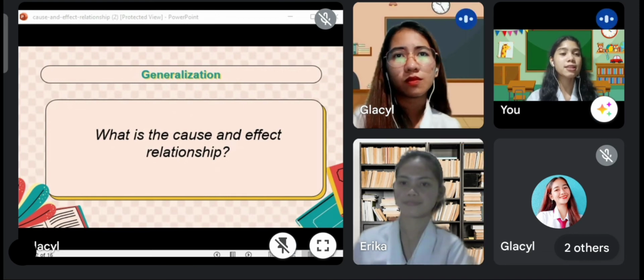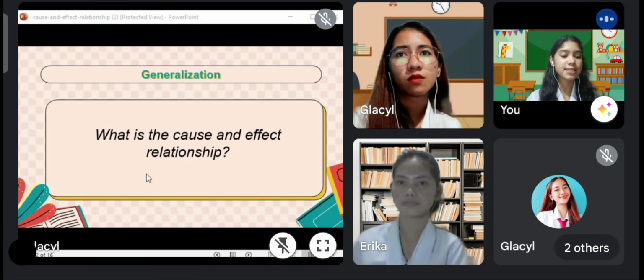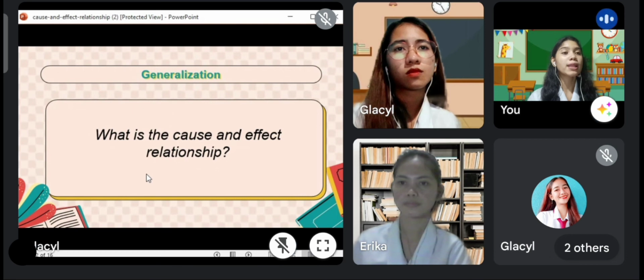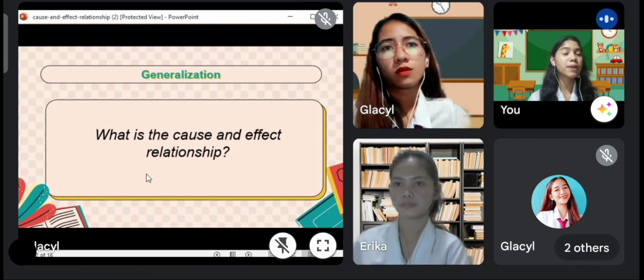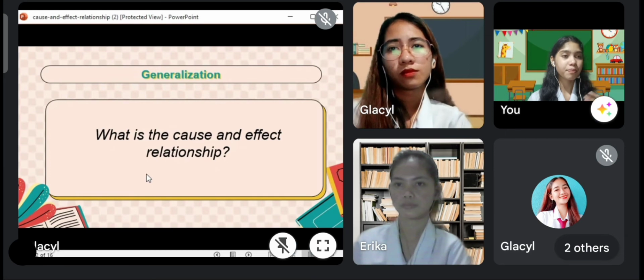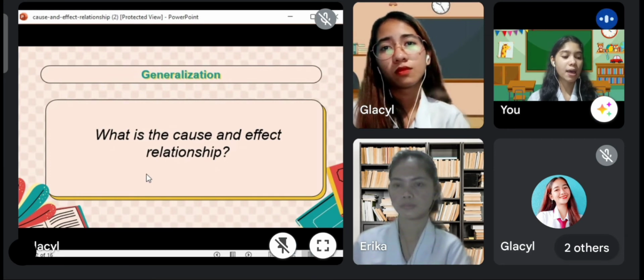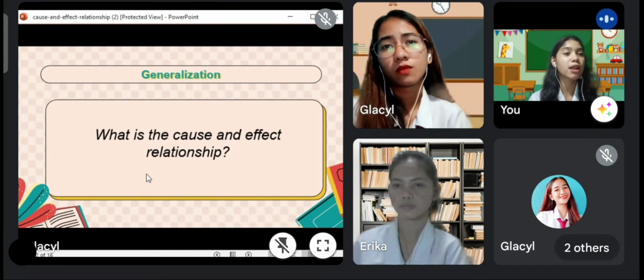So the cause and effect relationship is a kind of relationship in which when one event happens, there will also be another event that happens that relates them both. So that is what we call the cause and effect relationship.